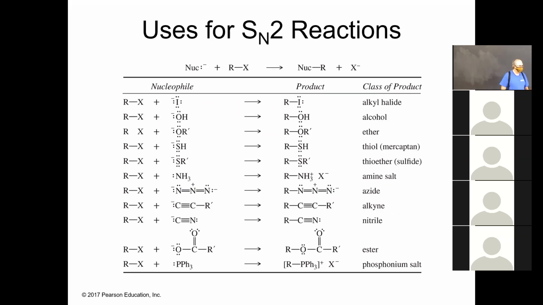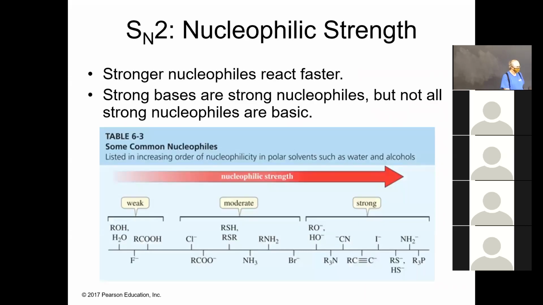We can do many things with an SN2. These all follow that same mechanism, it's just a different nucleophile. It is important to recognize relative nucleophilic strengths. At this end, on the right side, we have the strong nucleophiles.